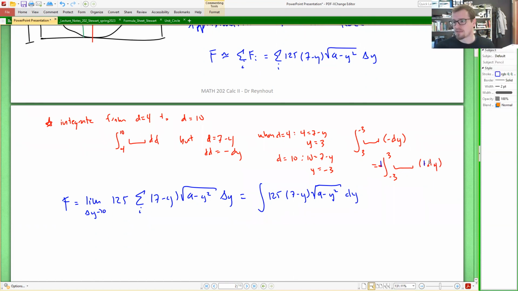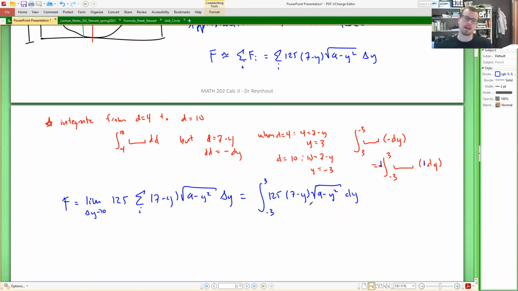So since I have a positive dy, all of our work here would essentially yield that we integrate from negative 3 to positive 3, because there's actually some cancellations of negatives going on here before we can get this.